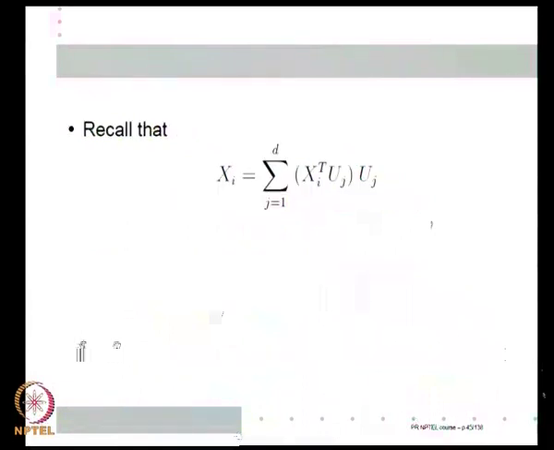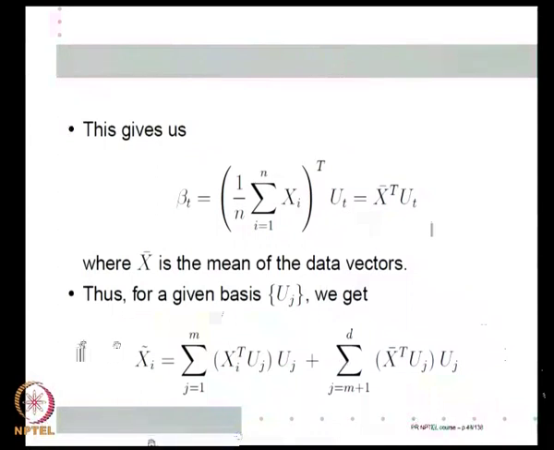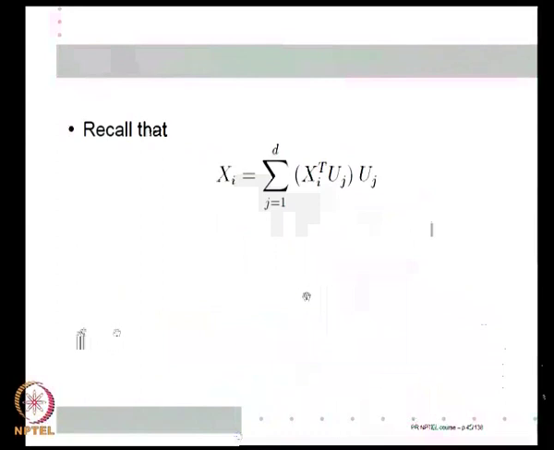Okay. So, this is xi tilde. This is the best representation we get for a given choice of uj's, and we know that xi is this. So, if you want xi minus xi tilde, for the first m components, the first m uj's, it is the same. Xi tilde here is j is equal to 1 to m, xi transpose uj, and here also is the same thing.